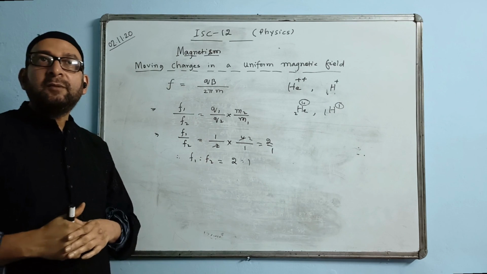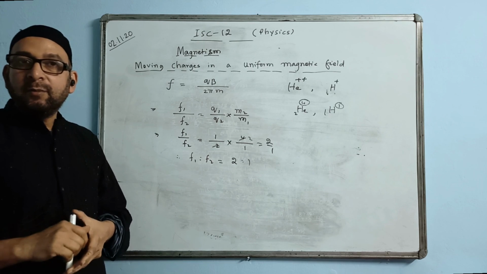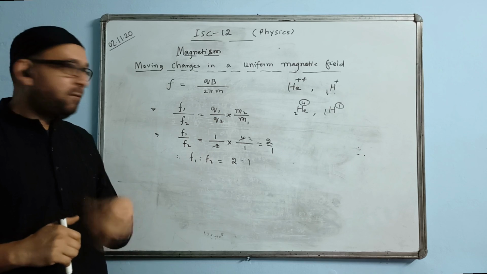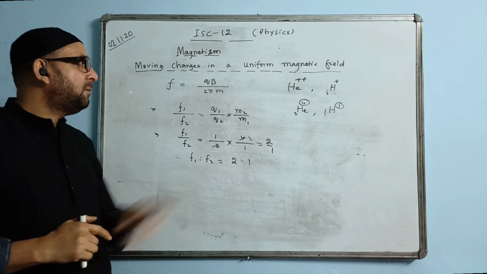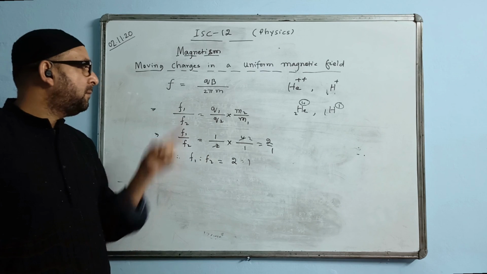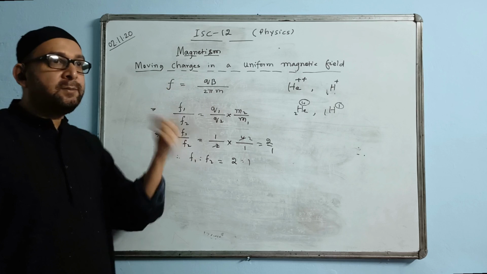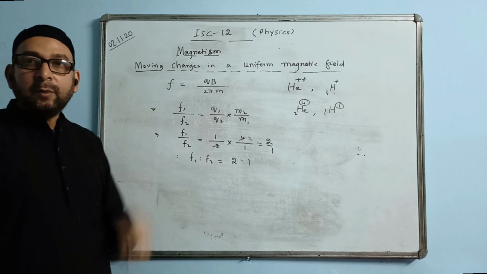If question comes, which one will be moving faster in a magnetic field? Which one will be revolving faster? The answer is proton because proton is lighter, no? Frequency is inversely proportional to mass, so lighter thing will have more frequency. That means speed of rotation will be more.